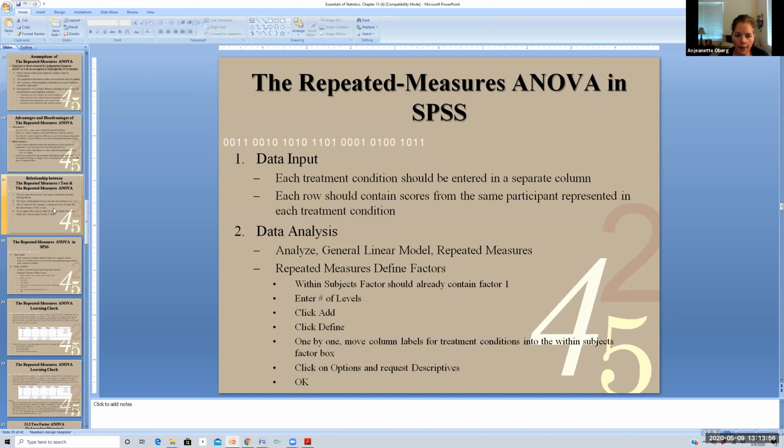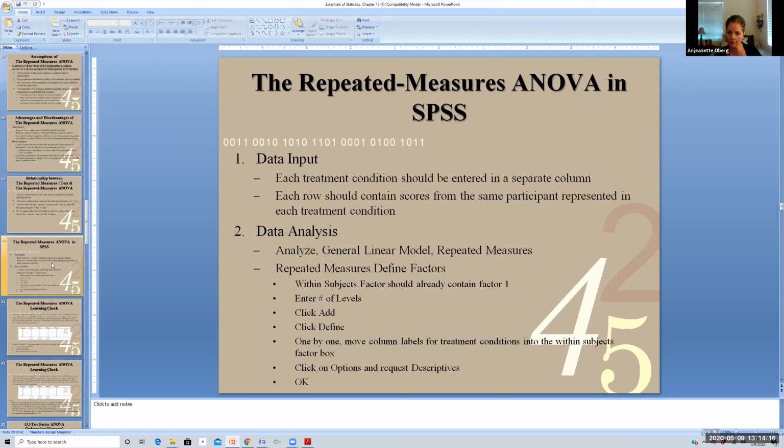When you talk about repeated measures ANOVA, you actually have a separate column for each treatment condition. Remember, each row is a single person. So you report what their score was in condition A, then B, and then C, and so on and so forth, right?